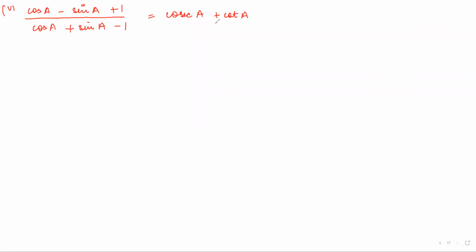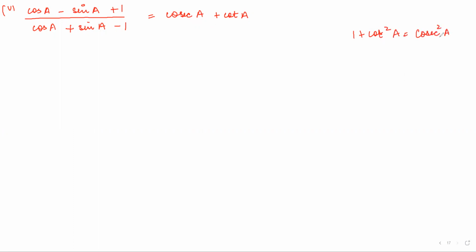It is also given that using the identity cosec square A is equal to 1 plus cot square A. So you have to use this identity, that 1 plus cot square A is equal to cosec square A, right?